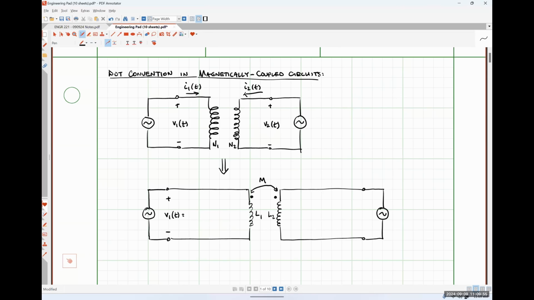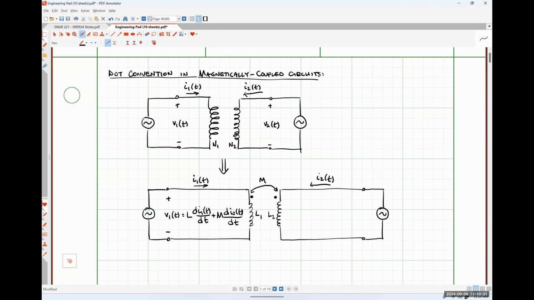So I'm just going to write out here L di1 by dt plus M di2 by dt, where this is the direction of current I1 and this is the direction of current I2.